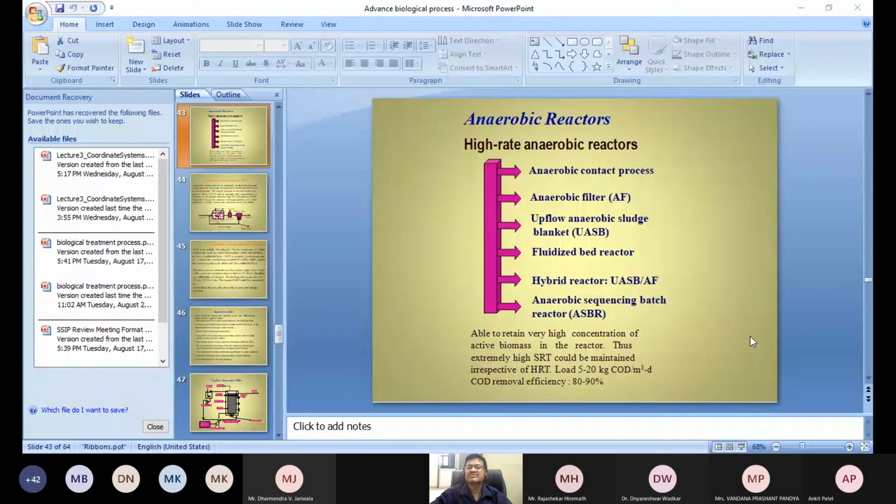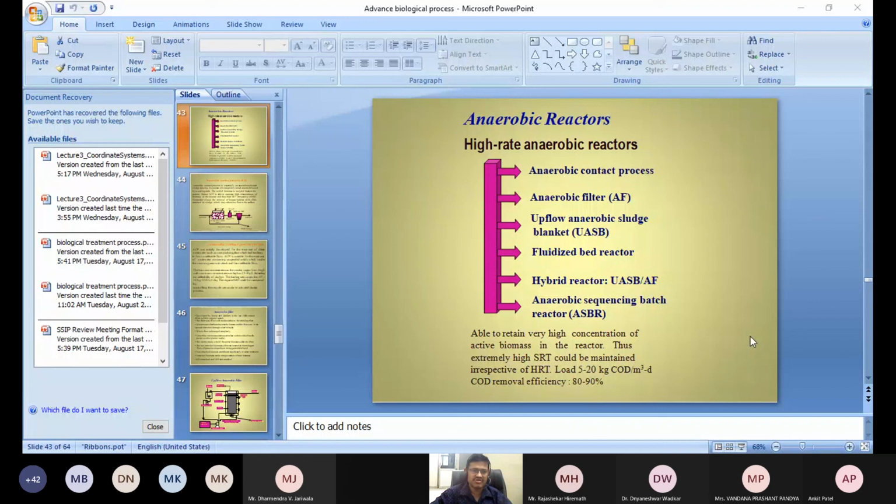Okay, one question is: is it advisable to have this treatment after photocatalysis in case of textile effluent? It depends upon the BOD by COD ratio after this treatment. You have to find out the BOD and the COD. BOD gives you the biodegradable organic matter, COD gives you all the organic matter.